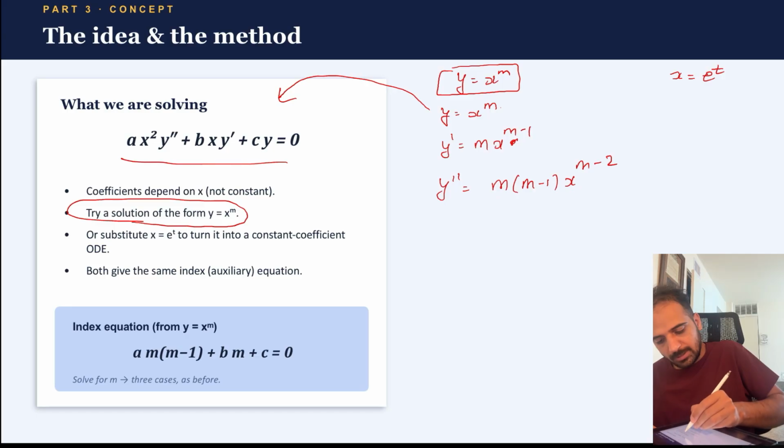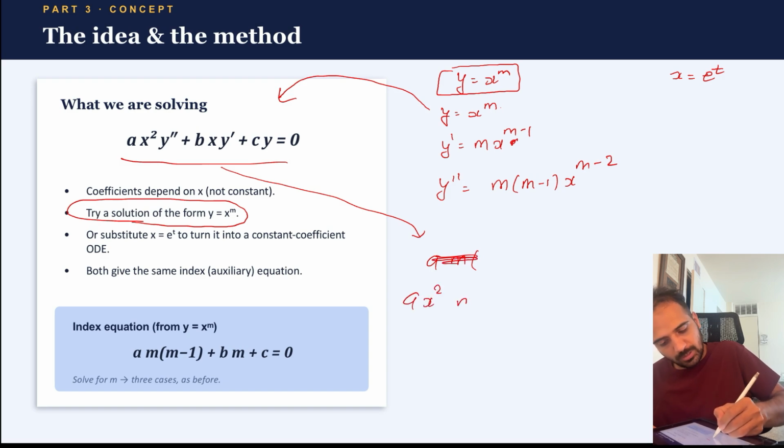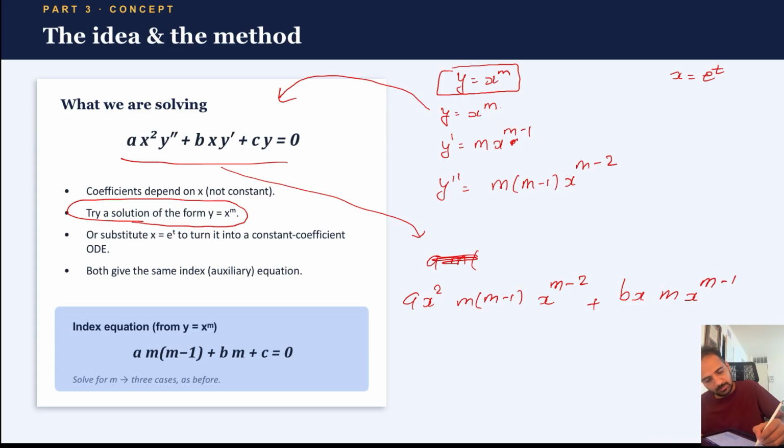Putting everything back into this equation, we'll get a x squared times m(m minus 1) x power m minus 2, plus b x times m x power m minus 1, plus c x power m equals 0. Here the x squared cancels out with x power m minus 2, and this x cancels out with x power m minus 1.